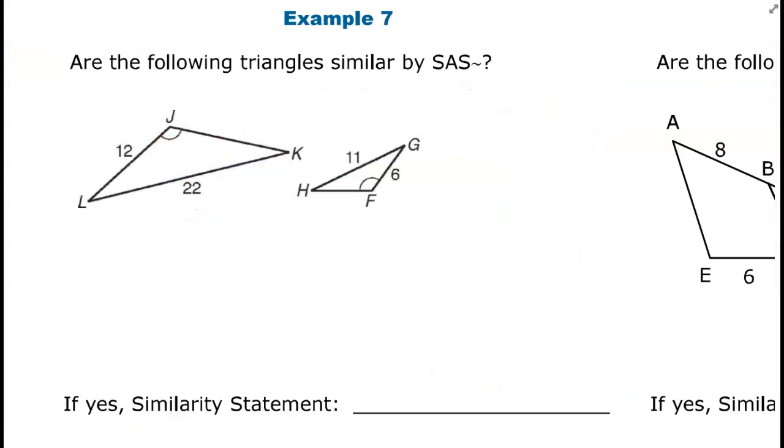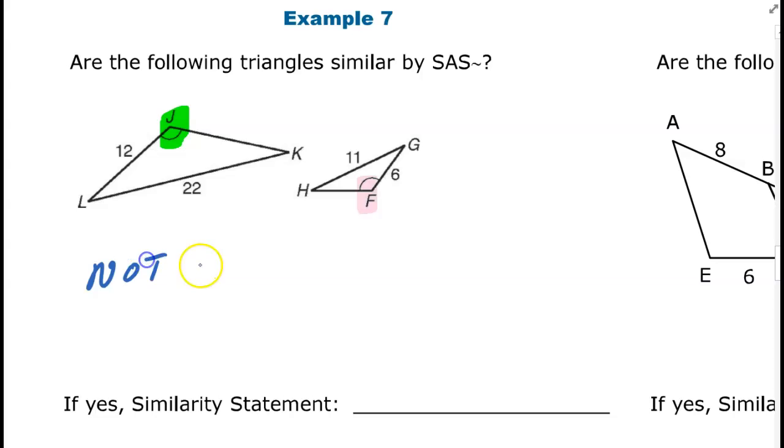So as stated in the previous example, the sides need to be proportional and you need the included angle. If you look at this, you have 12 and 6, you're dividing by 2. You have 22 and 11, you're dividing by 2, so the sides are proportional. However, in the triangle on the left, angle J is not between the two given sides, nor is angle F between the two given sides.